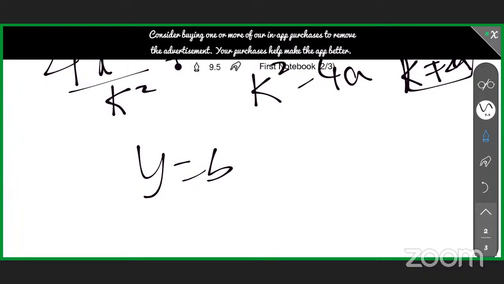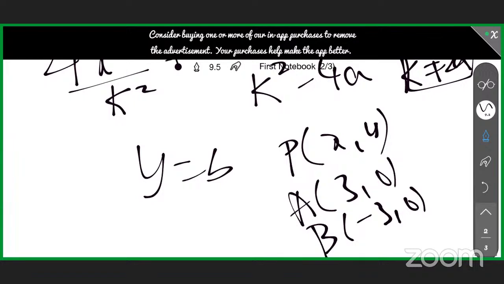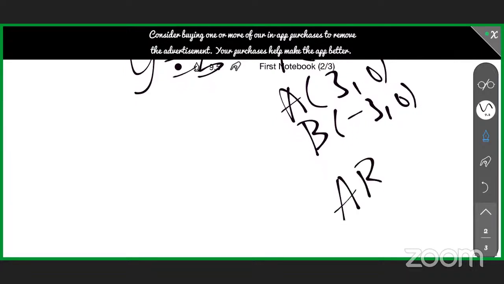So using this equation, we'll now find the equation of the previous question. What is my point? My point P is x comma y. My A is 3 comma 0 and B is minus 3 comma 0. Now tell me the distance between AB. 3 plus 3 whole square.